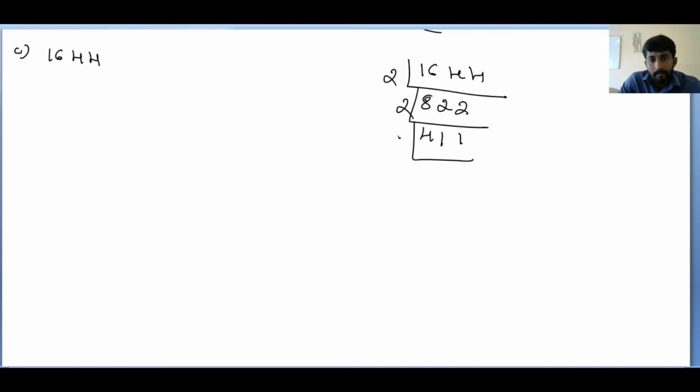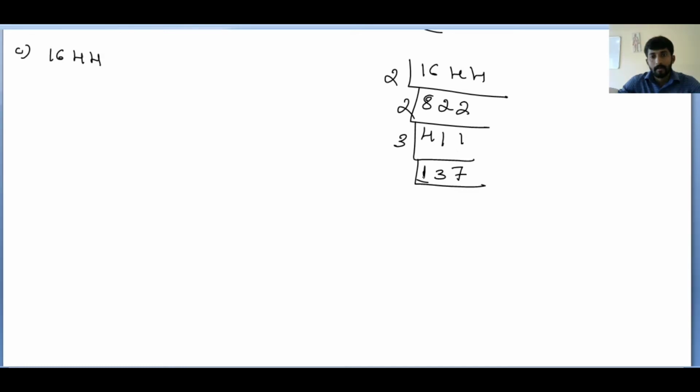So take the next number 3, 3 1s are 3, 11 is remaining, 3 3s are 9, again 2 is remaining, so 21, 3 7s are 21. Okay, here see 137 is there, clearly 137 is a prime number. Okay, you can write 1644 as 2 to the power 2 into 3 to the power 1 into 137.